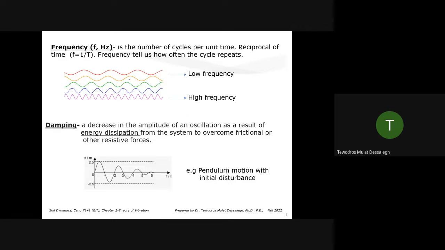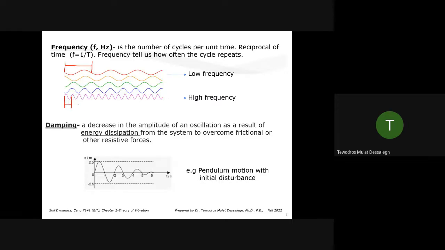For example, if you have different vibrations with different periods, for the top one, the period is the time it took for one cycle; it goes up here, down here. This is what the period is. And if you see the one at the bottom, it starts here, and up to here is one cycle. After that, it's repeating itself.